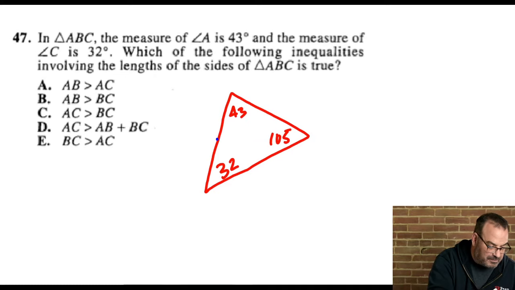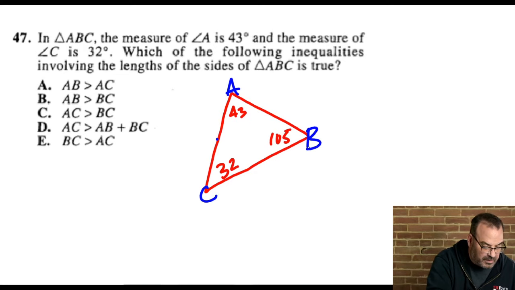So this is the biggest side. A is 43, C is 32, B is 105. So this is the shortest side, this is the second longest side, and this is the longest.